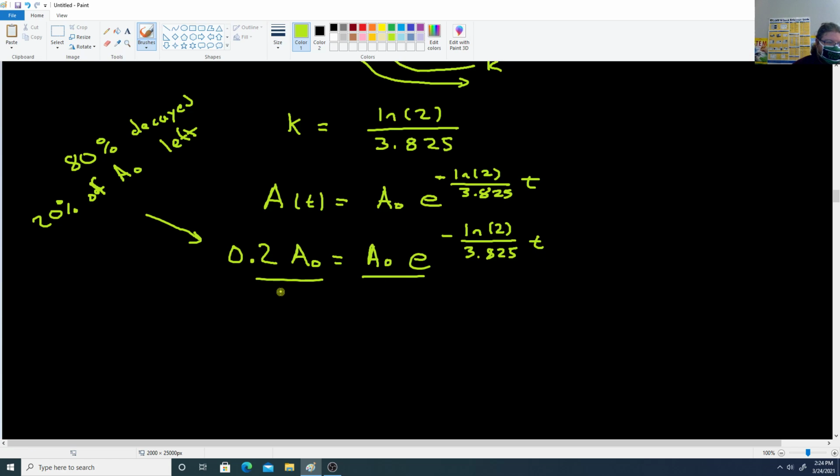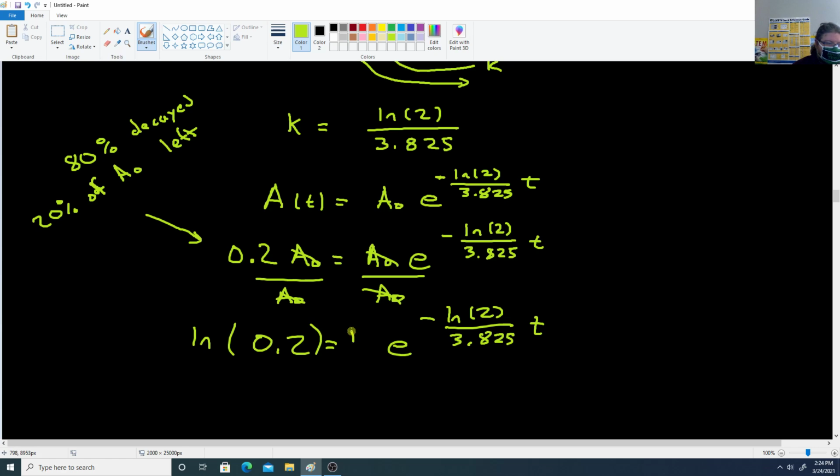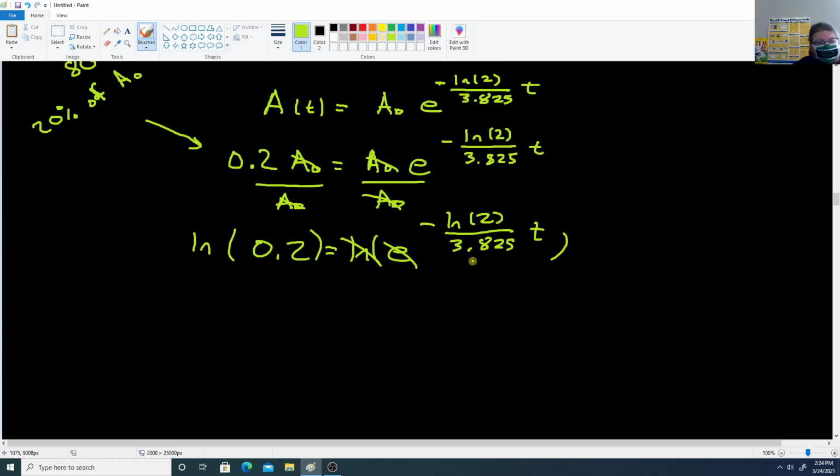So we'll divide both sides by A naught. That'll cancel out on both sides. I'll get 0.2 equals e to the negative natural log of 2 over 3.825 times t. Take natural log of both sides. Natural log and exponential e cancel.